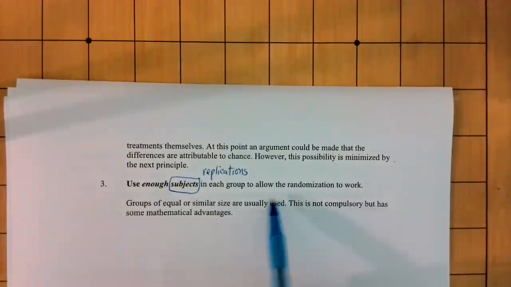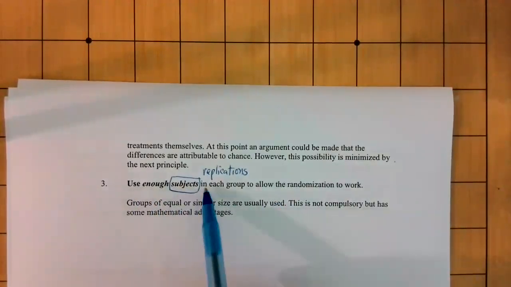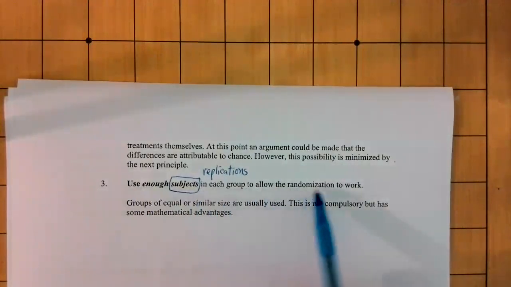Now look at this sentence again. Use enough subjects in each group to allow randomization to work.